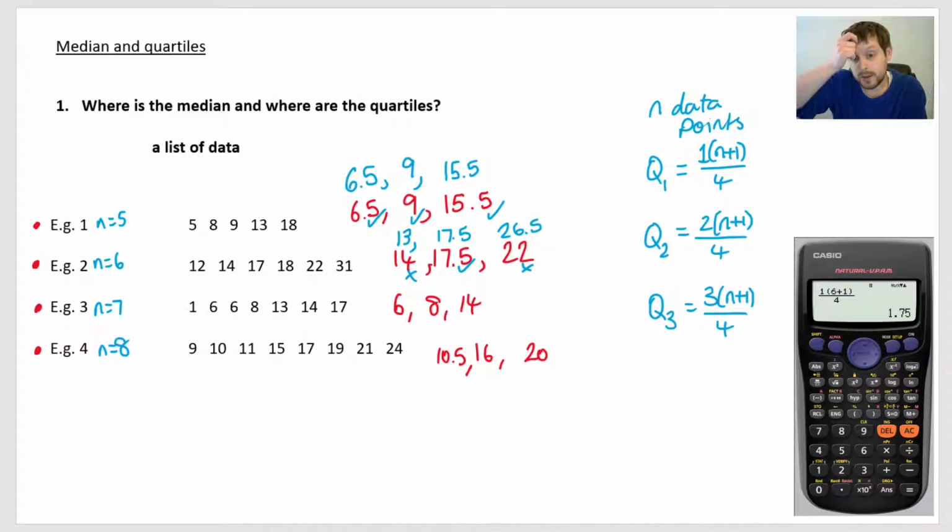All right? So that's it, basically. That's the only time you're going to worry about this n+1 business. Okay? As soon as I give you a group table, whether it's discrete data or continuous data that has been rounded, if it's in a table and it's grouped, and this is really important, it's got to be grouped.